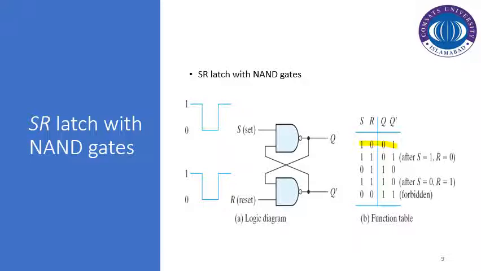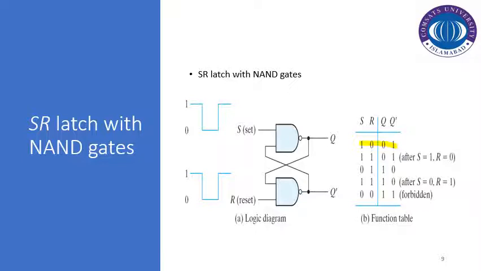So Q is basically following S prime, and Q prime is following R prime. So in that particular case, if the value of S is set to 1 and R is set to 0, the latch is considered to be in the reset state. So that is the difference from the latch we have already discussed that is implemented with NOR gates. The functionality is basically reversed.